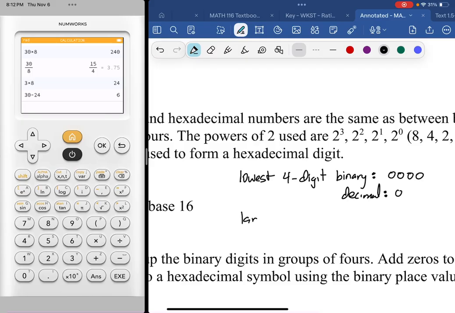The largest 4-digit binary number would be 1, 1, 1, 1.